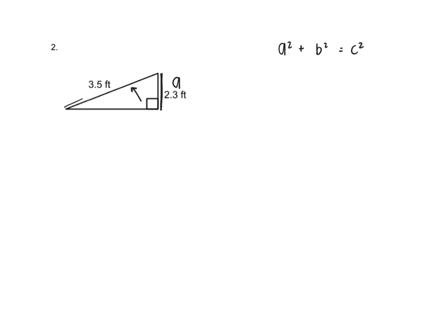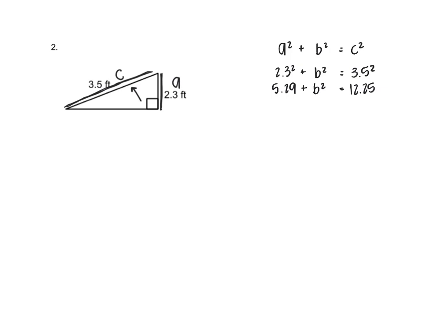It's also our longest side, which means it's our hypotenuse, so I'm going to label it with C. In our equation, we're going to substitute in these values, leaving b squared in our equation, and now we're able to solve. We can figure out what 2.3 squared is and 3.5 squared, which gives us 5 and 29 hundredths plus b squared equals 12.25.